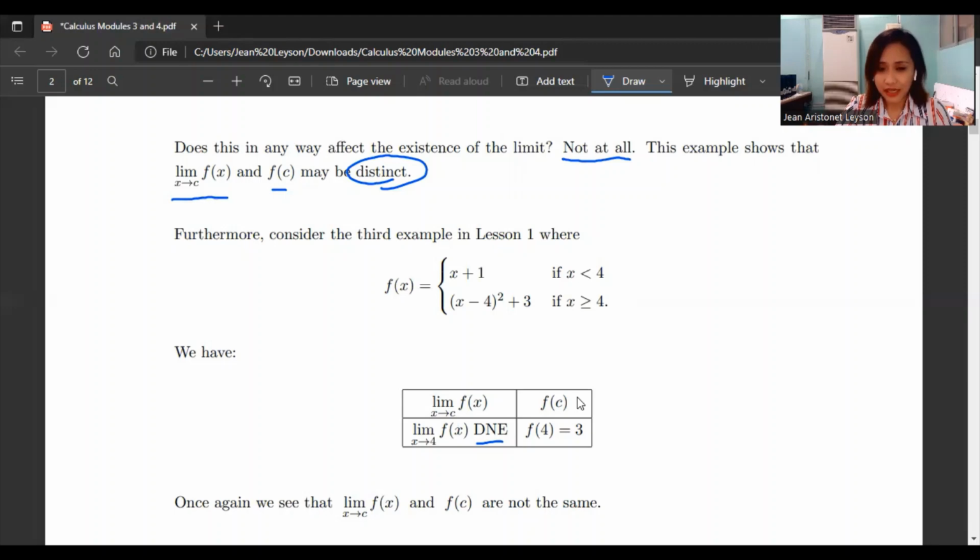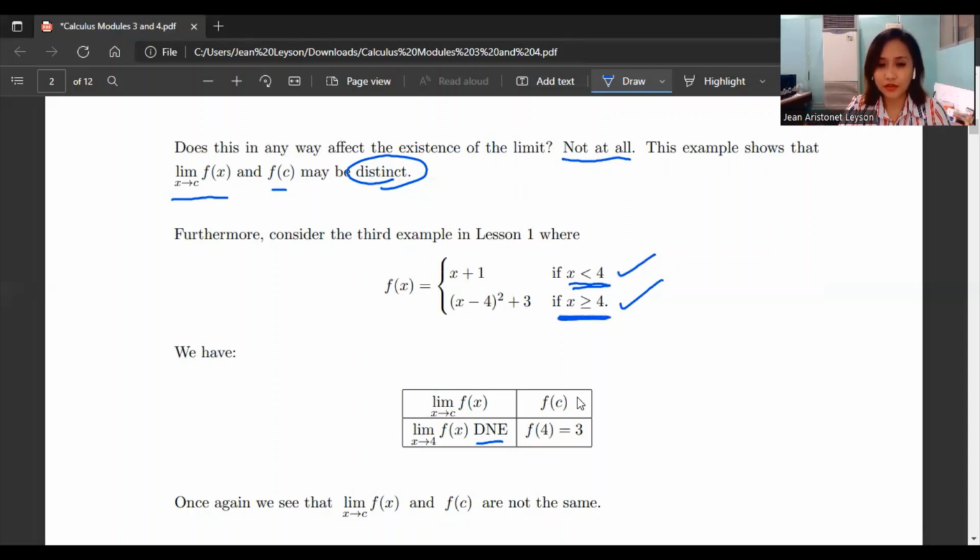For the left side, we'll be using this one since x is less than 4. For the right side, we'll be using this one since x is greater than or equal to 4. It so happened that the limits from the left and the right side are not equal, meaning the limit does not exist.